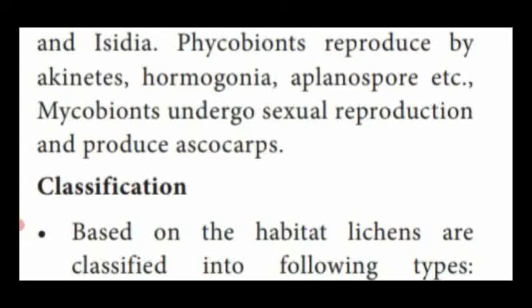If the fungus is an Ascomycete, it produces the fruiting body called an ascocarp by sexual reproduction. But the phycobiont shows asexual reproduction by akinetes, hormogonia and aplanospore. The mycobiont shows sexual reproduction by producing the fruiting body named ascocarp.